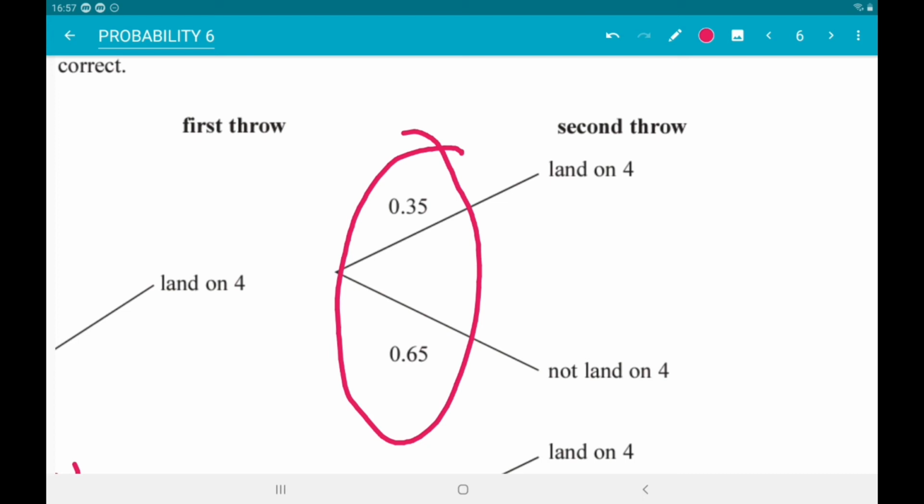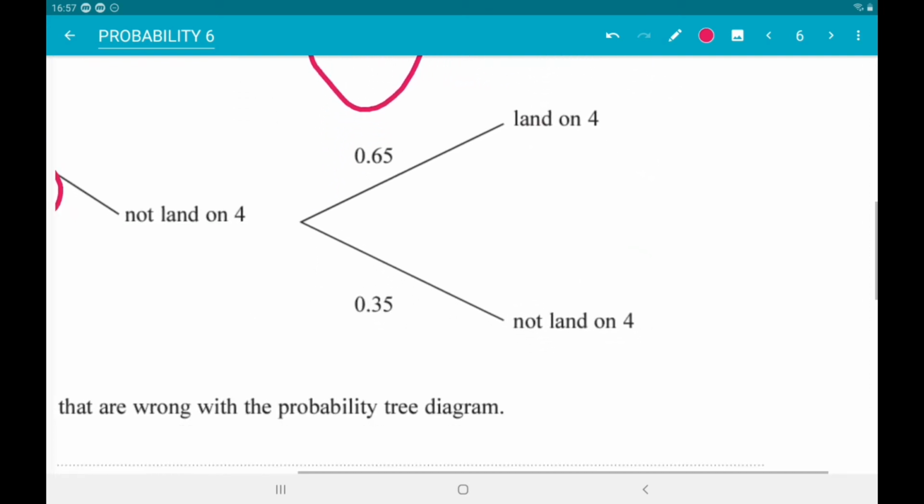So land on 4 is 0.65, not land on 4 should be 0.35. He has though managed to get things right on this bottom tree, so well done, Amir, sort of.